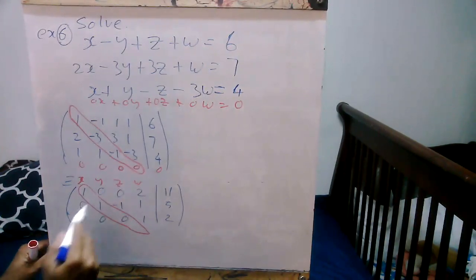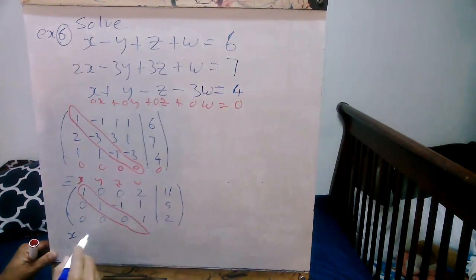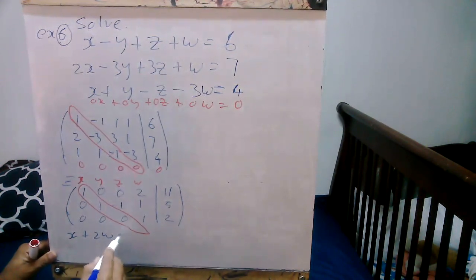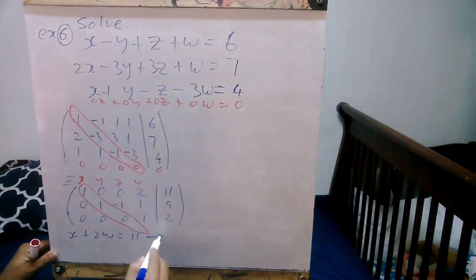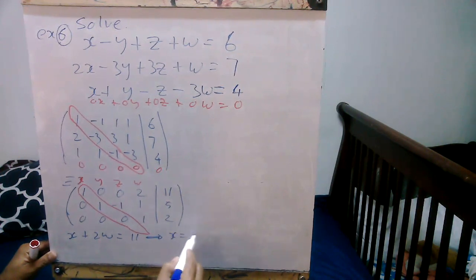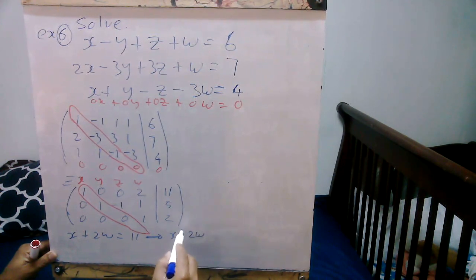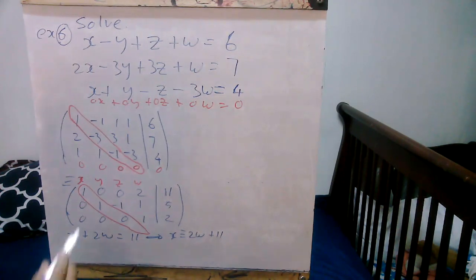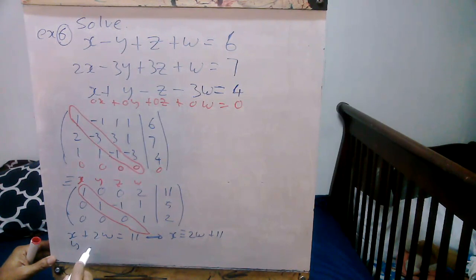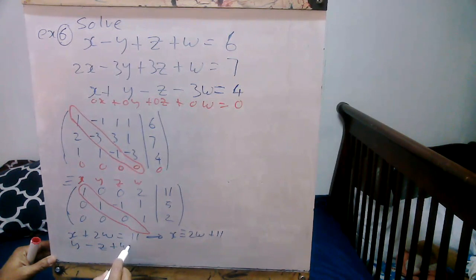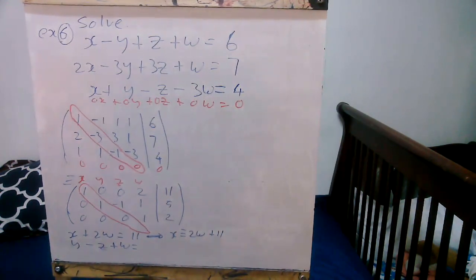We can write solutions now. x plus 2w equal to 11. This gives us x equal to negative 2w plus 11. This is y minus z plus w equal to 5.